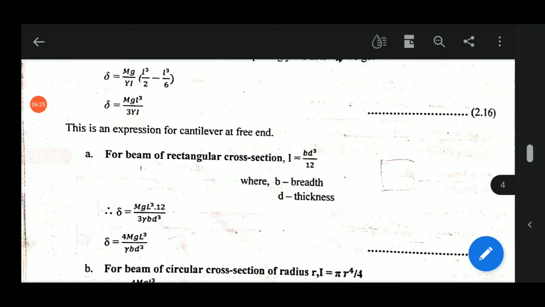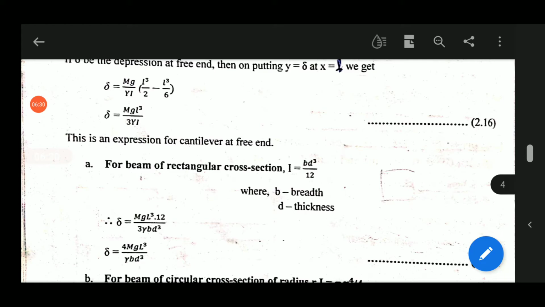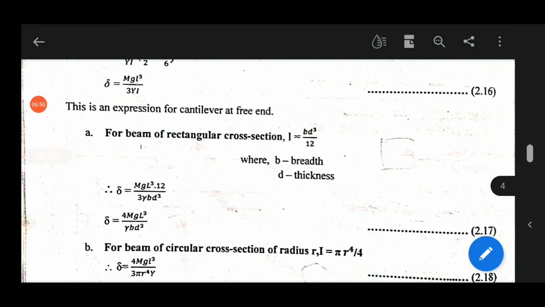By putting this value of I in equation 2.16, we get delta is equal to mg L³ times 12 upon 3 Y b d³. So we calculate 12 divided by 3, which is equal to 4. So we get delta is equal to 4 mg L³ upon Y b d³.